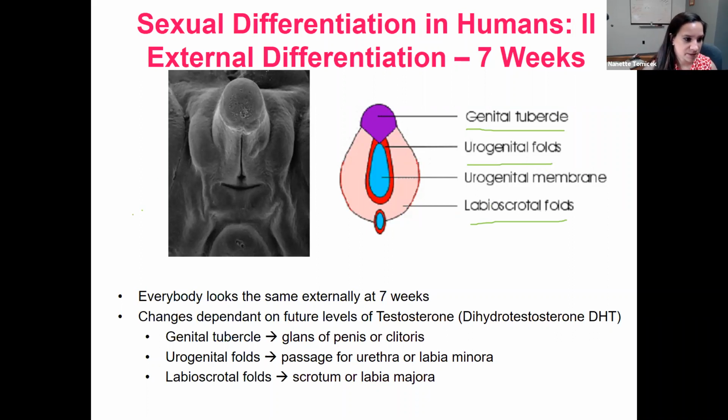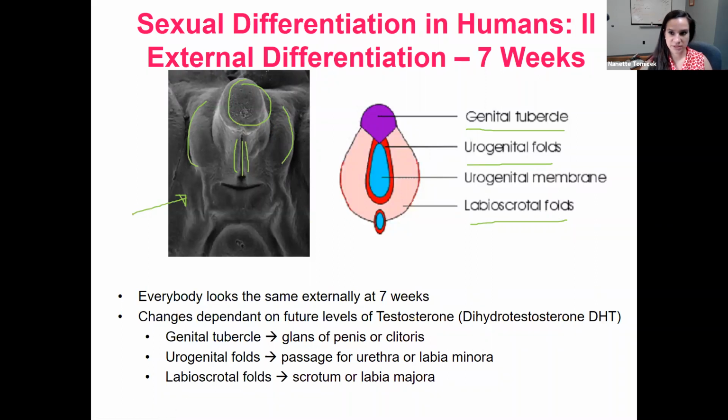And we can look at this electron micrograph of an actual developing embryo, and we can see all of those things really clearly. Right? Genital tubercle, urogenital folds, we can see the system is completely open at that point, and we can see these larger labioscrotal folds.